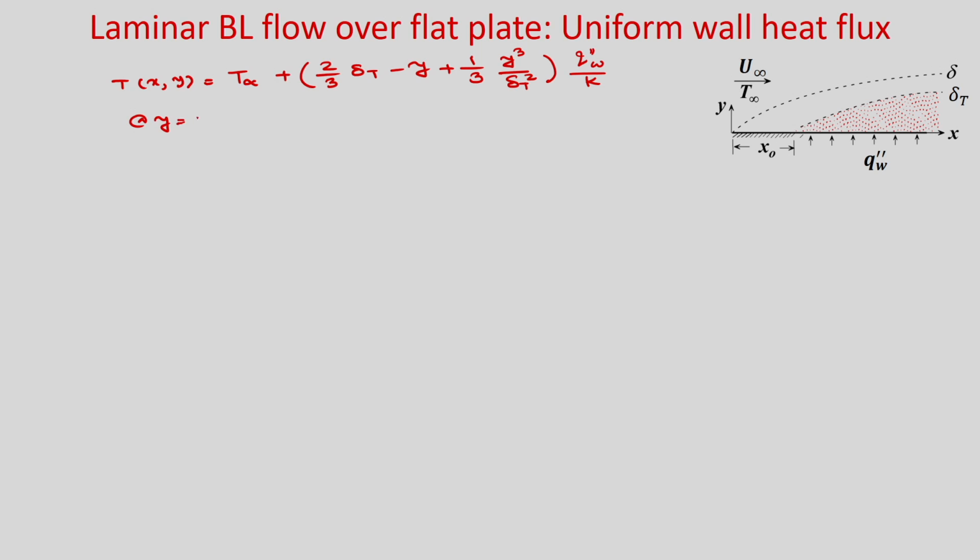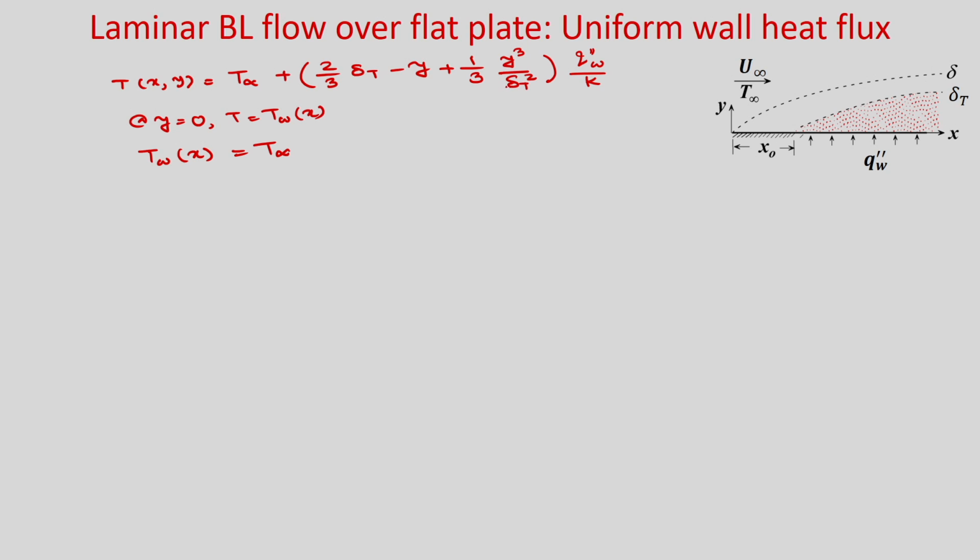Now, at the wall, if you want to find the temperature variation, then you put y equal to 0. At y equal to 0, T is equal to T w, which is a function of x. So, you can write T w(x) is equal to T infinity.